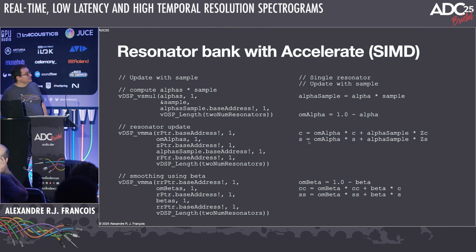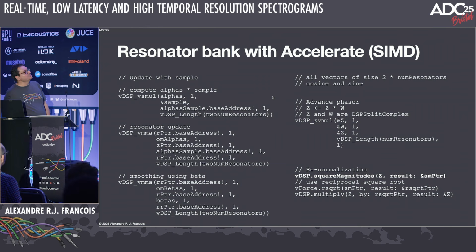And we just do this simple exponentially weighted moving average computation, which is a vector multiply-multiply-add. So we multiply the vector on the left, multiply the vectors on the right, add up, one call. Then we do the same thing again for the smoothing, and we're done. So very cheap, very fast, very efficient.